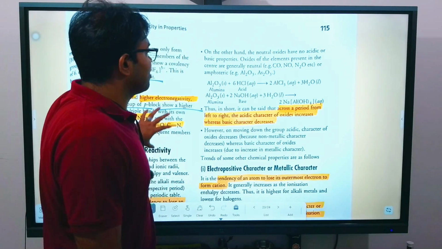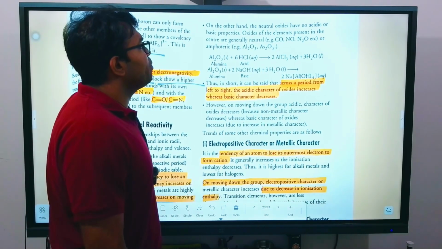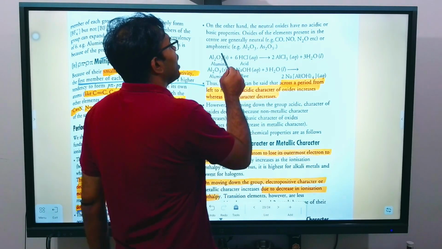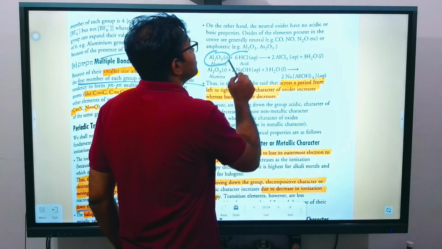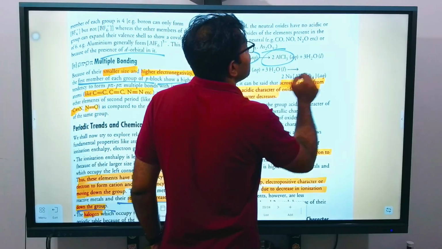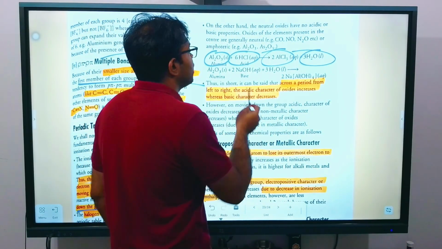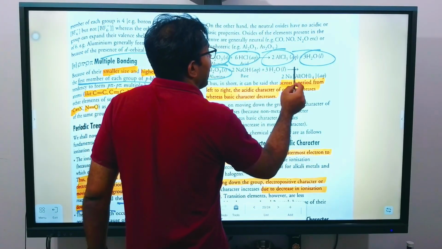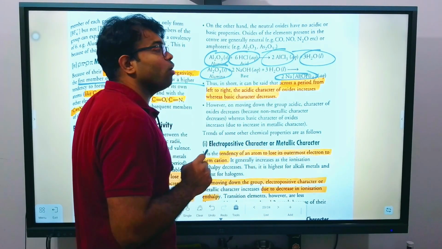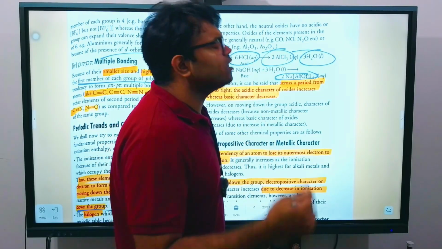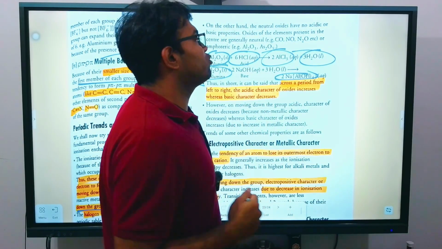Now, Al2O3 plus 6HCl gives you AlCl3 plus H2O. So, a base plus an acid is giving you salt and water. Again, Al2O3 plus NaOH gives you Na[Al(OH)4] plus H2O.